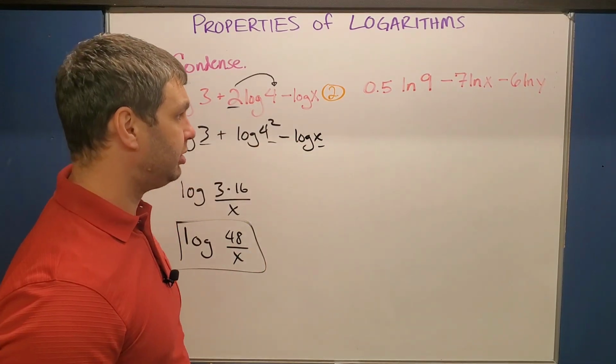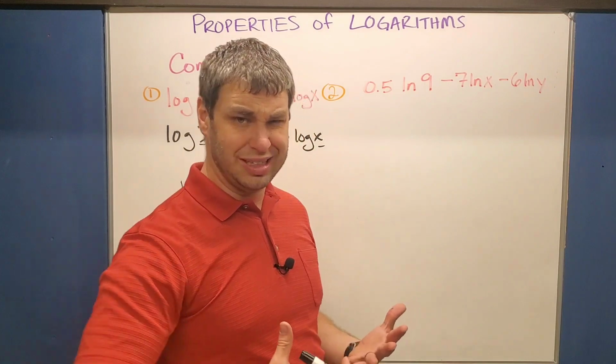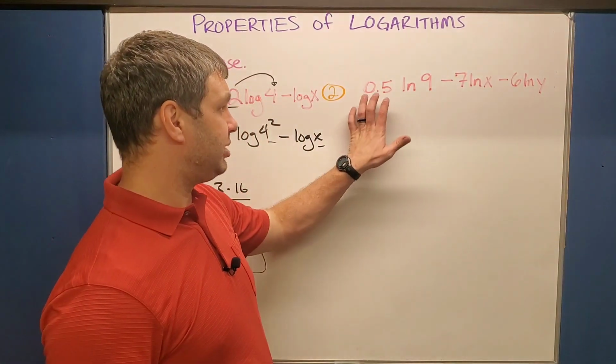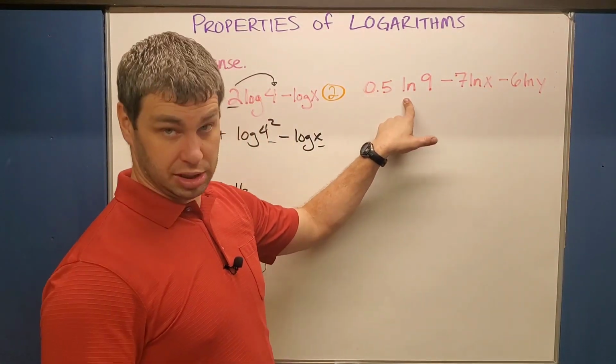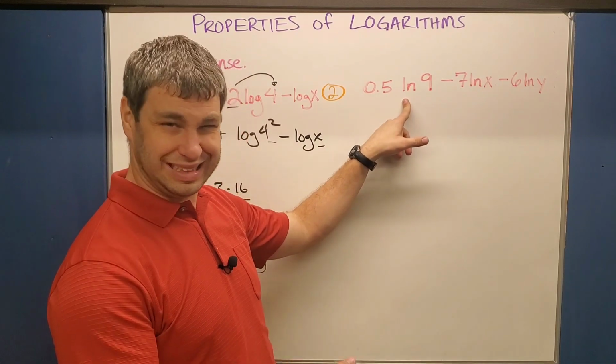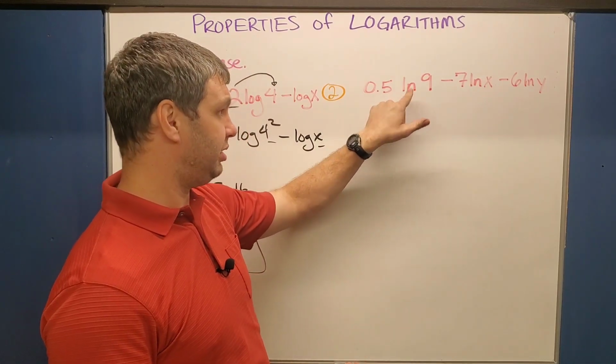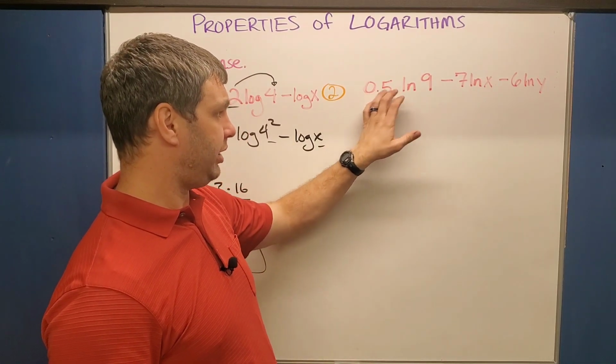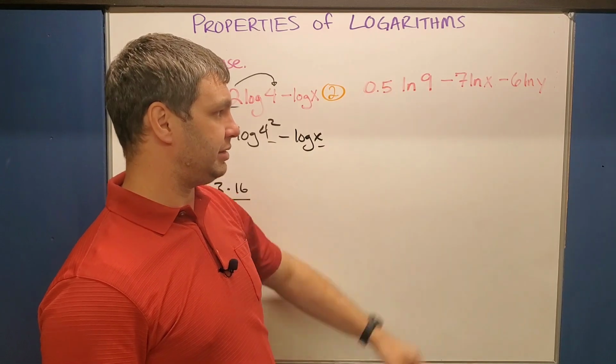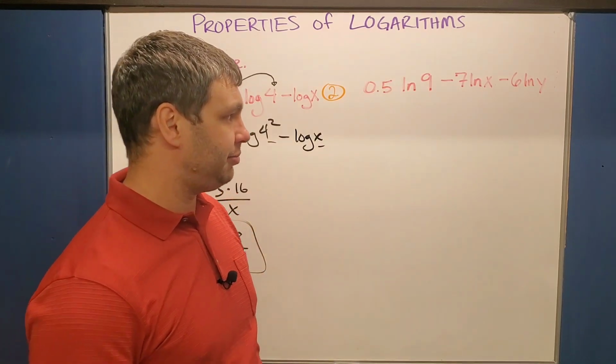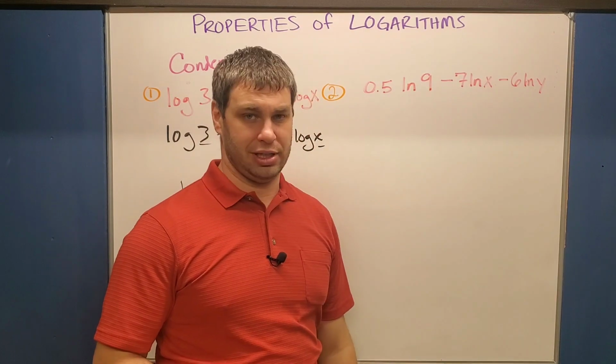Okay, let's try one more condensed one. This one's going to be a lot harder. It says 0.5 natural log, that's log base e, and it's the same idea with the natural log base e. So 0.5 natural log of 9 minus 7 natural log of x minus 6 natural log of y.